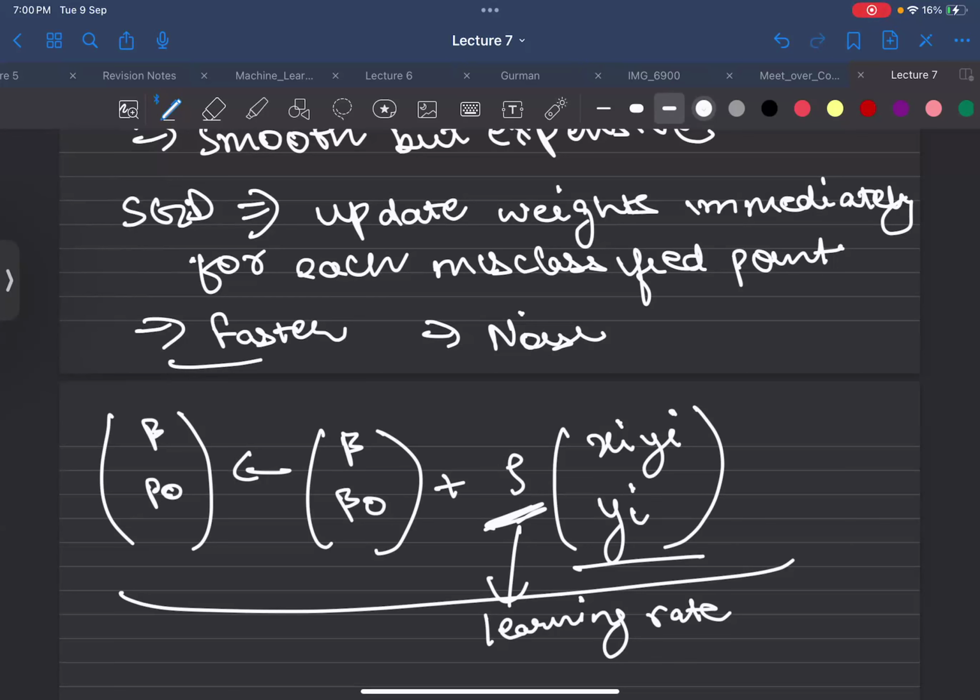Can you tell what the learning rate is? Come on, let's try. How you are taking each step, basically, that's the learning rate.